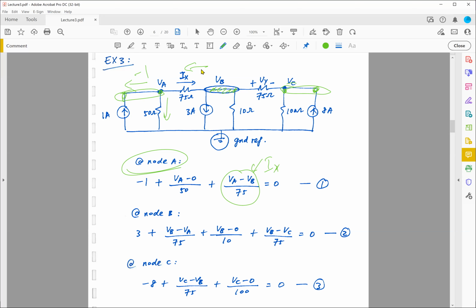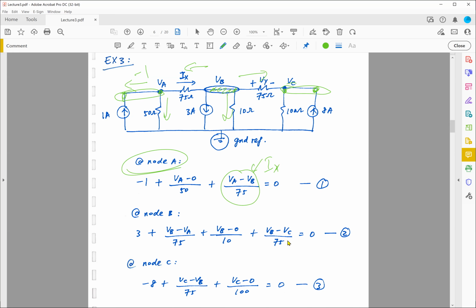So VB minus VA divided by 75, plus VB minus 0 divided by 10, which is this current going down here, plus VB minus VC divided by 75, which is this current going here.